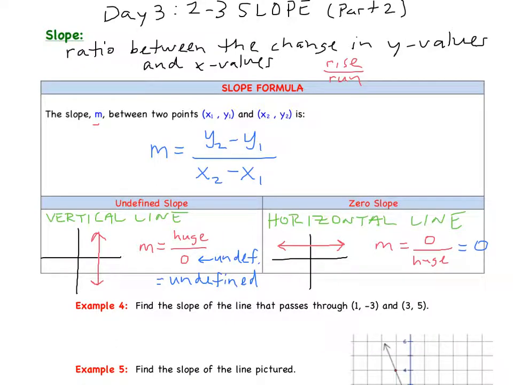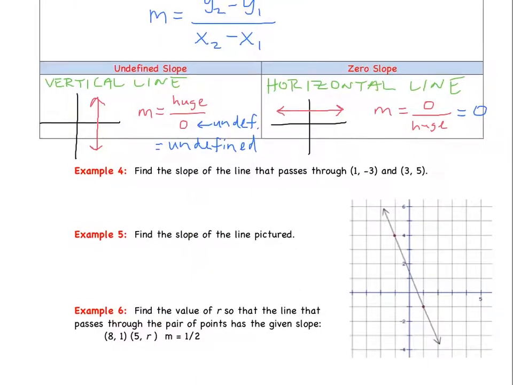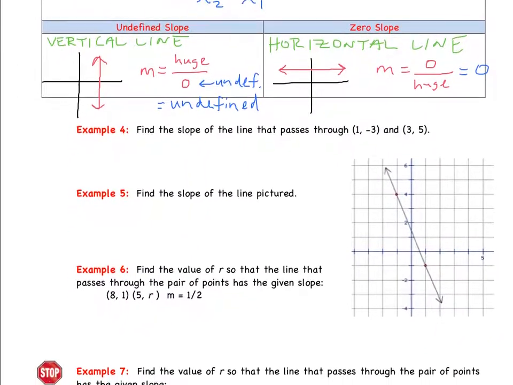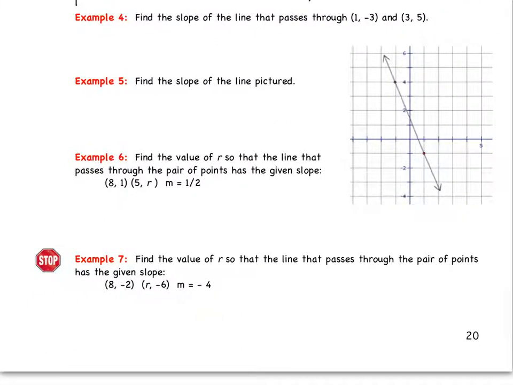Okay, so now let's just get some practice really quickly finding the slope of a line that passes through some points. So let's look at this example 4 here. Find the slope of the line that passes through 1, -3, and 3, 5. So using that slope formula, m is equal to y2, so in this case 5, minus y1, which is -3.